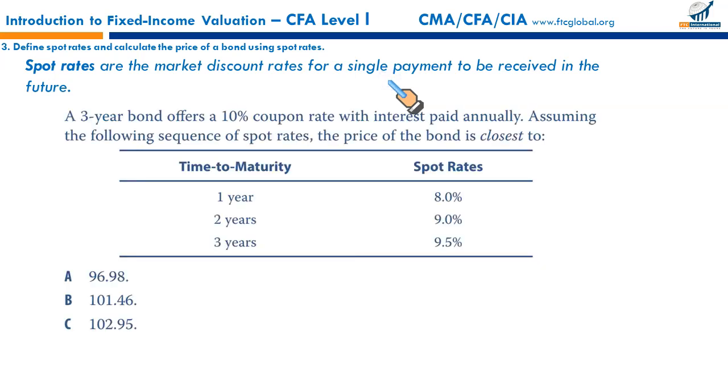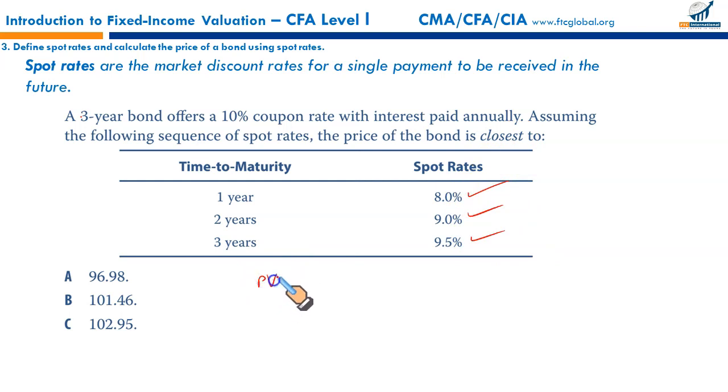Let us try to grasp the idea with an example. A 3-year bond offers 10% coupon rate with the interest paid annually. Assuming the following sequence of spot rates, the price of the bond is closest to. So this is the discount rate to use for year 1, 2, and 3 cash flows.